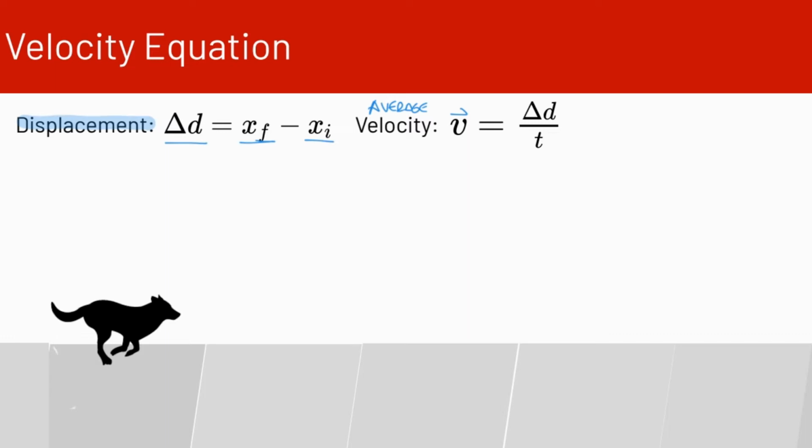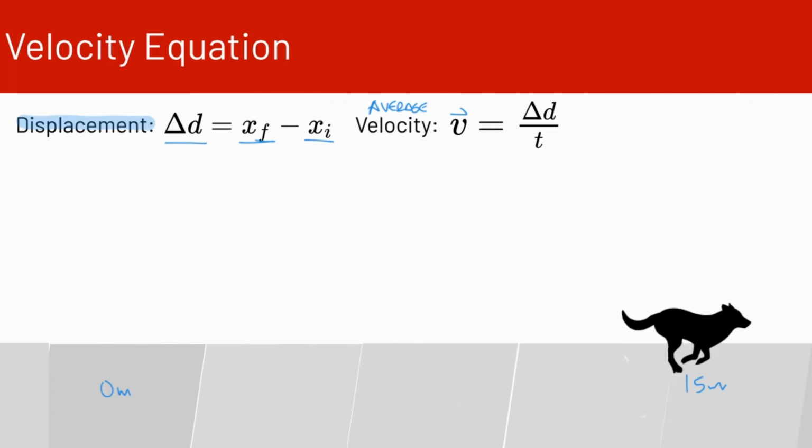If we think of an example here, we have this dog. The dog starts at 0 meters and it's going to run over here to 15 meters. And it's going to do that in 10 seconds, let's say. So our elapsed time is 10 seconds. So our velocity for the dog is going to be, let's look at displacement first.